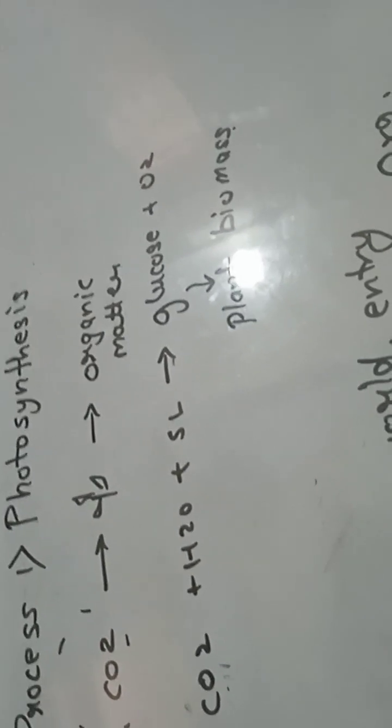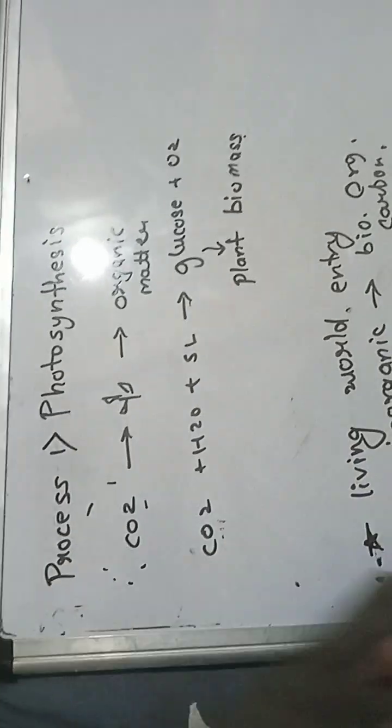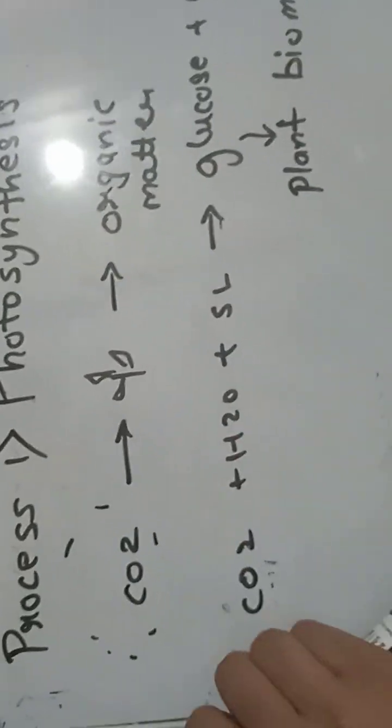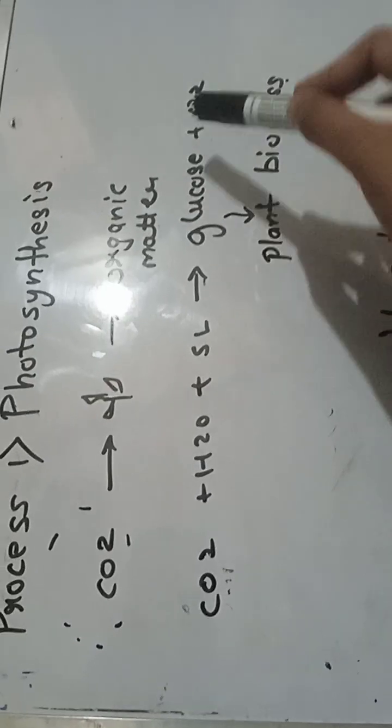Starting from photosynthesis, as we all know, plants take up carbon dioxide from the atmosphere and then turn it into organic matter. We already know it: plants take carbon dioxide from the atmosphere, water from roots, and sunlight, and they make glucose and O2.